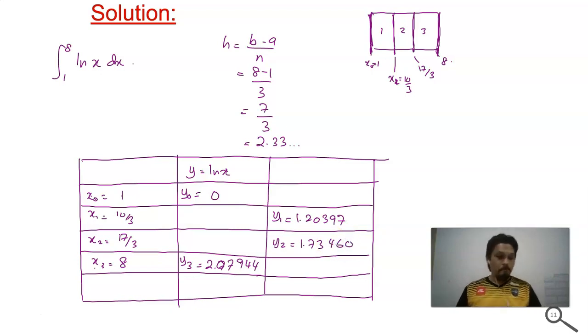Okay, before that, the summation of y0 and y3 here is 2.07944, and the summation of the other two values is 2.93857.